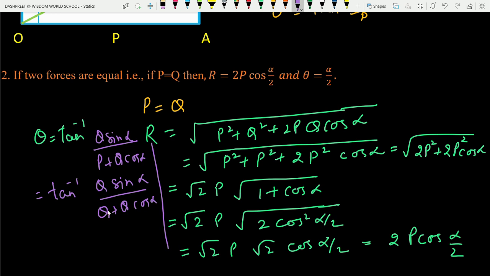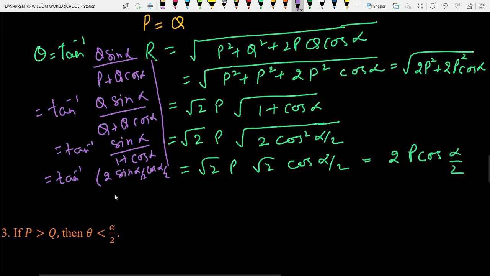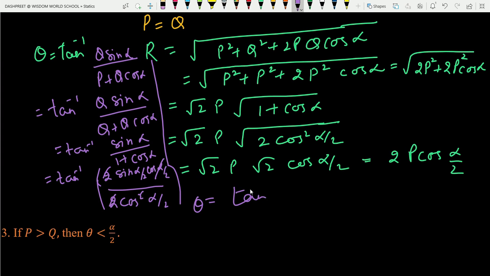Q is common, cancelling it, we get tangent inverse of sin alpha by 1 plus cos alpha. Now sin alpha can be written as 2 sin alpha by 2 into cos alpha by 2, and 1 plus cos alpha can be written as 2 cos square alpha by 2. So 2 cancels with 2, cos cancels with cos, and we get theta equal to tangent inverse tangent alpha by 2.